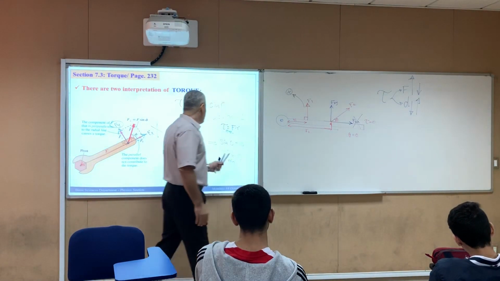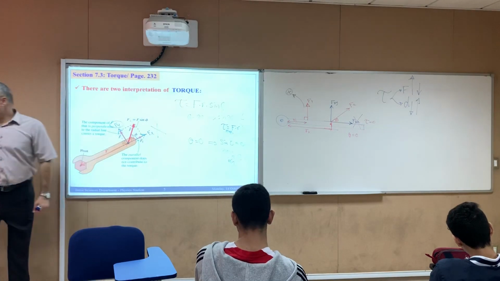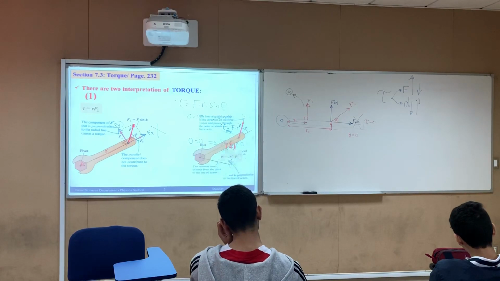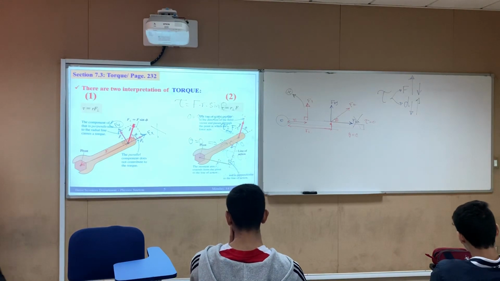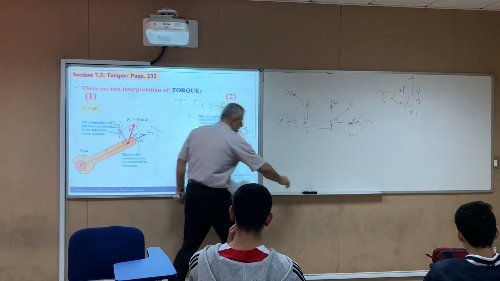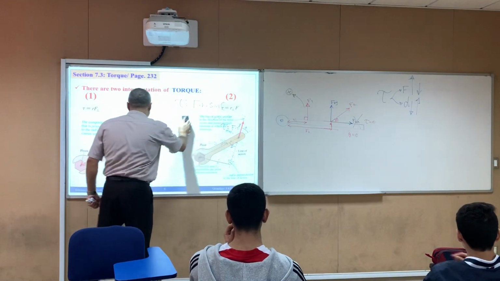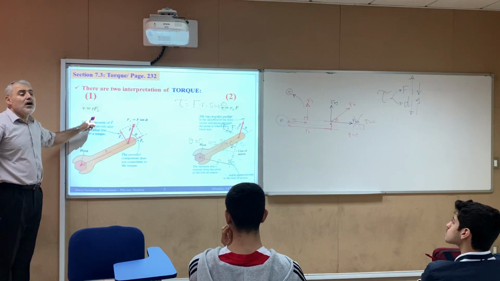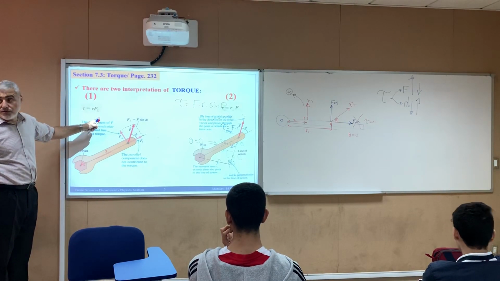Now we go back here to the same graph. We can simply define the torque in two different ways. This is just an idea, not more than that. In the first one, what we took before, the torque is equal to R times the perpendicular force.